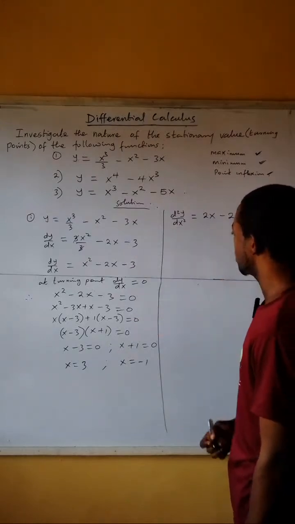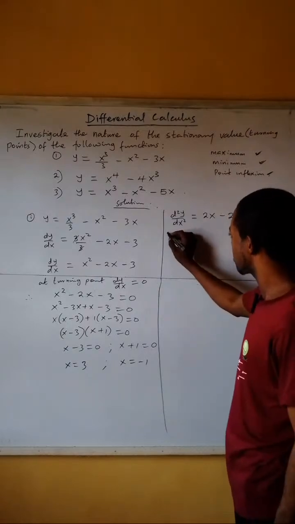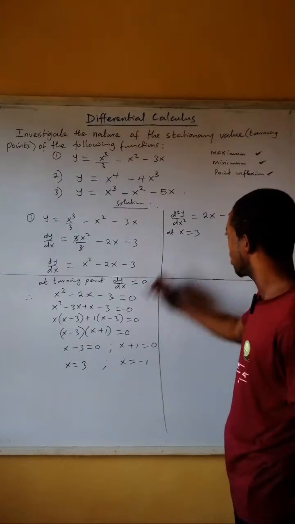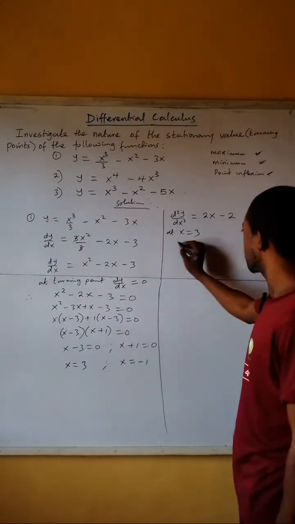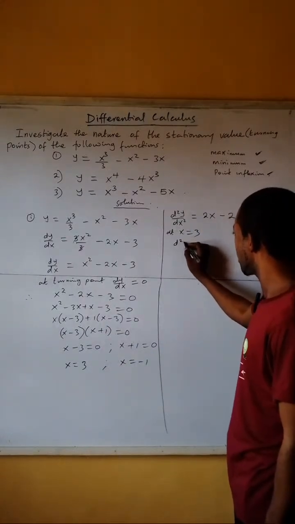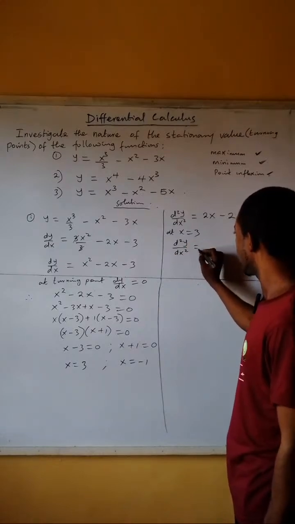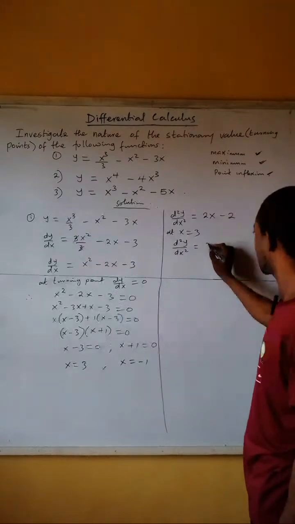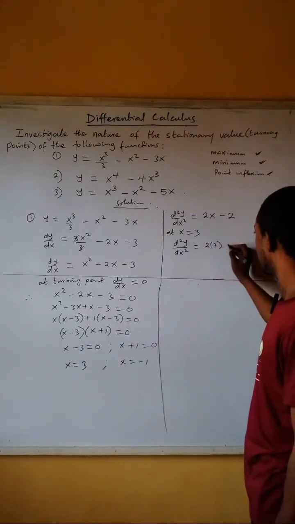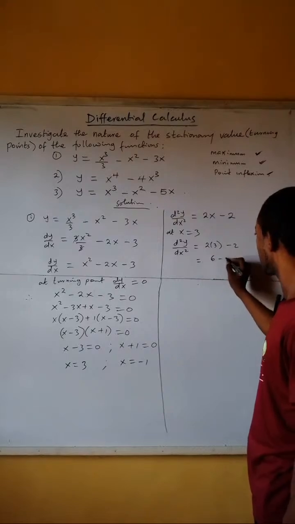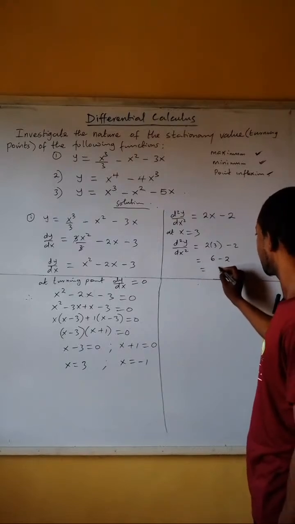So this is the second order derivative. Now, at x equals 3, that's the first turning point, let's substitute 3 here. So d²y/dx² when x equals 3 becomes 2 times 3, then minus 2, which is 6 minus 2, which is 4.